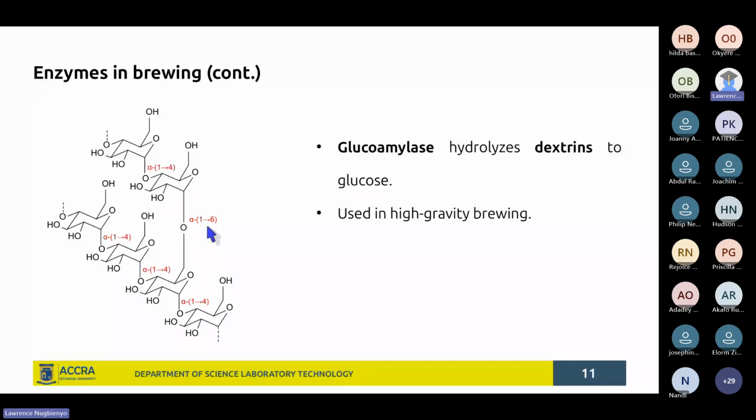And so then you also need to have other enzymes apart from the alpha and the beta amylase, which we just talked about. You also will need enzymes that can break the glycosidic bonds at the branch chains, the alpha 1,6 glycosidic bonds.